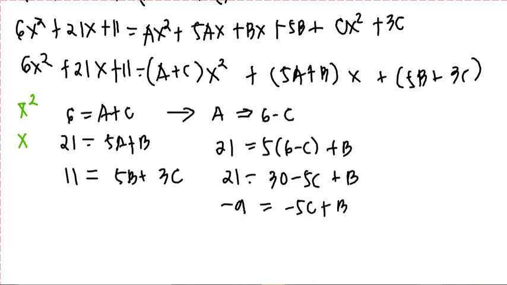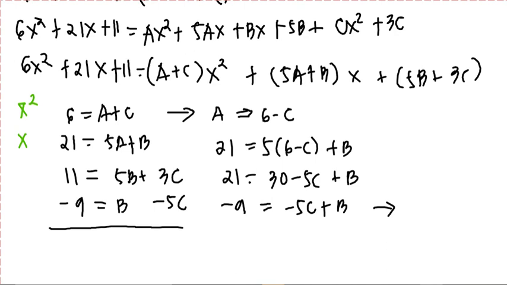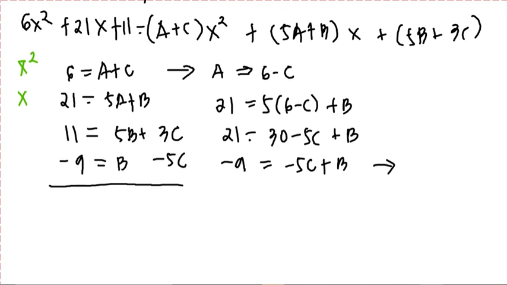So, we have this equation nga may c kag b and we have may equation nga c kag b. So, automatic ibutang ko lang, we have negative 9 is equal to negative 5c plus b. So, multiply ko lang by 5 para pwede natin cancel ang negative 5.